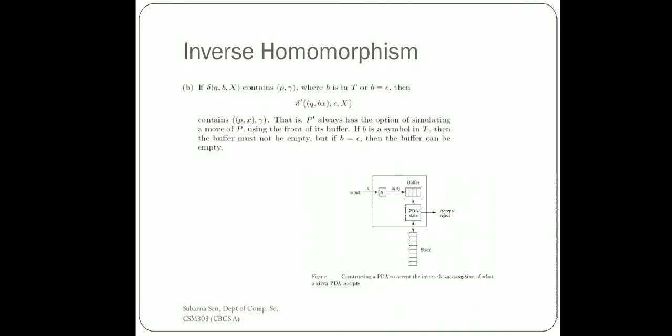If b is a symbol in T, then the buffer must not be empty, but if b equals the empty string, then the buffer can be empty. So we are doing the mapping only, right? If b is a terminal symbol in T, then the buffer should not be empty. There must be something which we are going to process, and if it is empty, the buffer will be empty. So both conditions work fine.